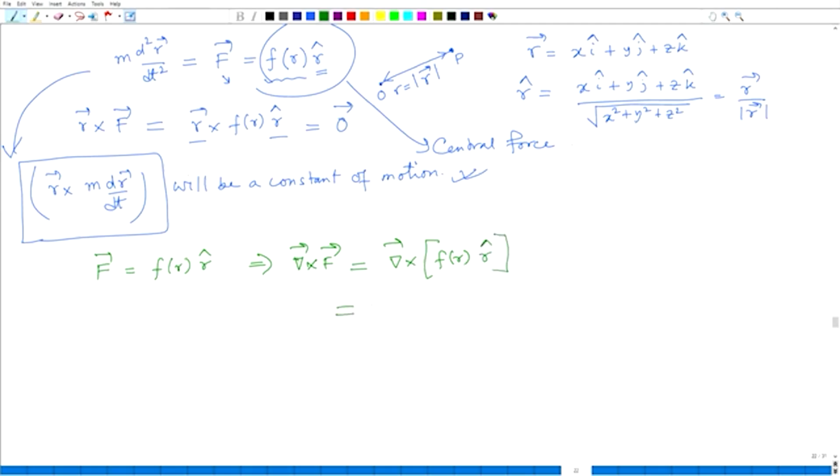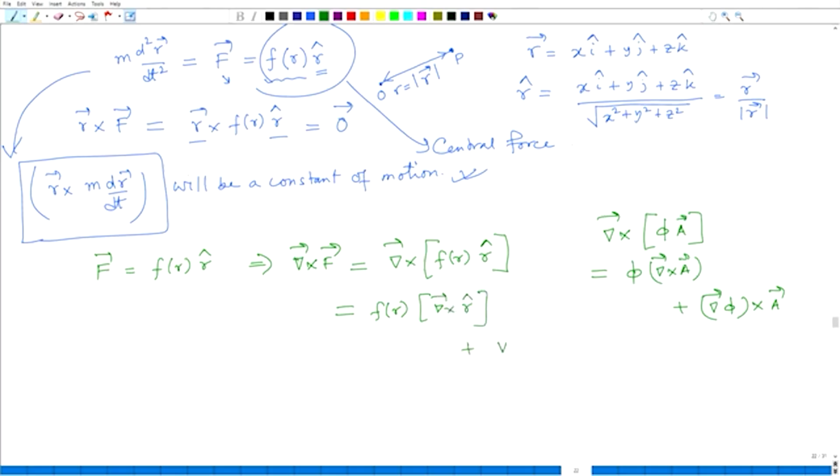You know maybe that when you have a curl of a scalar times a vector, then they have a distributive property like this, that you first have phi curl of A plus grad phi cross A. Okay. And then you can easily say that if this is the case, then I can use this over here and I will have f(r) curl of r cap plus gradient of f(r) cross r cap. Now, this is very interesting.